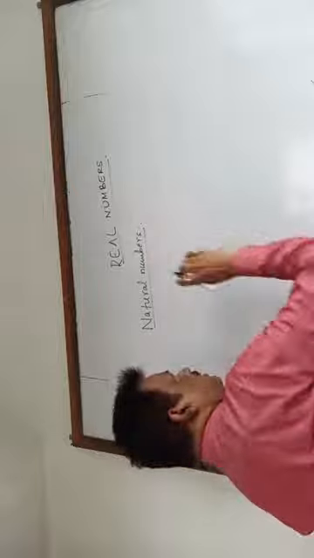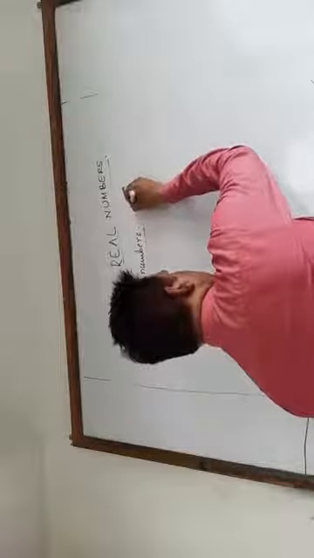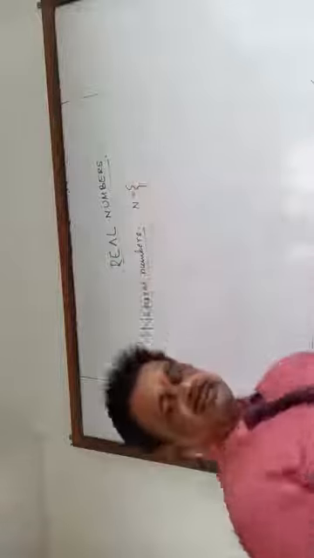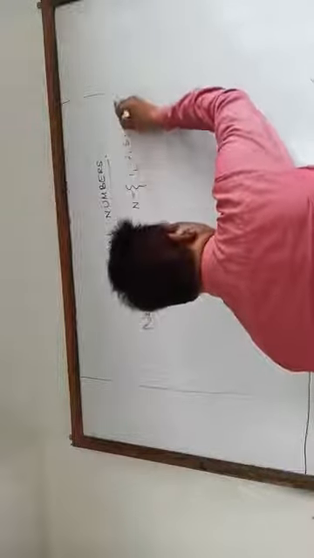So natural numbers, symbolized as N, starts from 1, 2, 3 and so on.